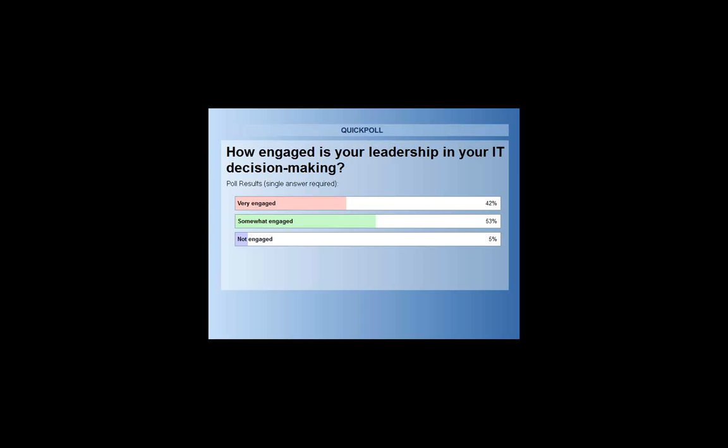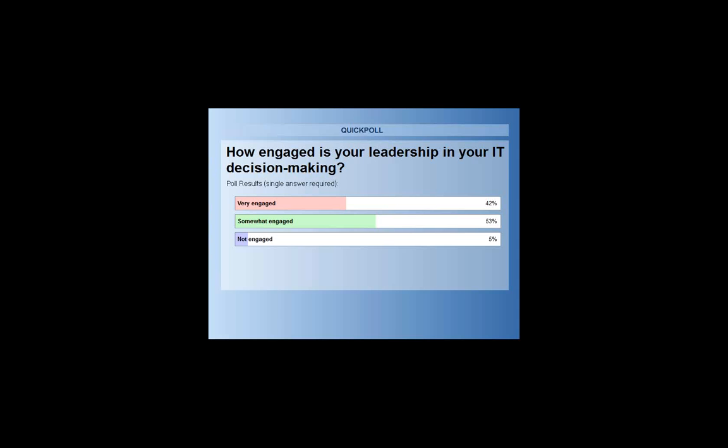All right, good. It looks like there's one person out there who does not have leadership engaged in IT decision making. The majority are, it's split almost evenly between very engaged and somewhat engaged. So that's great to see.